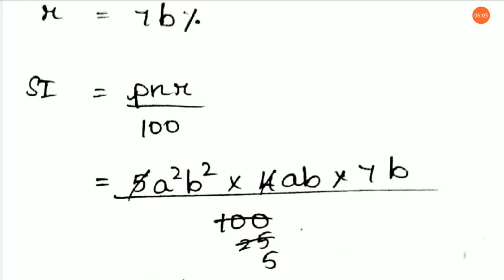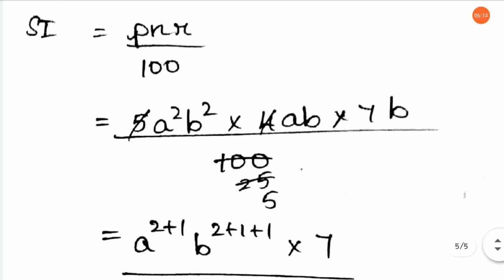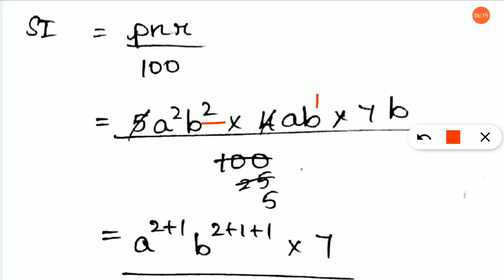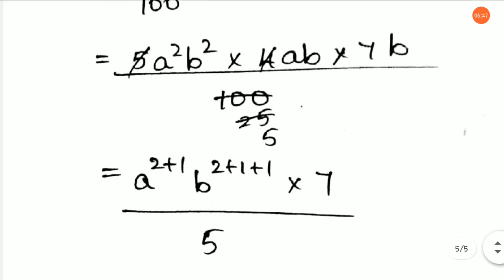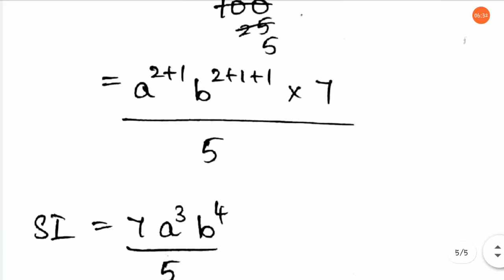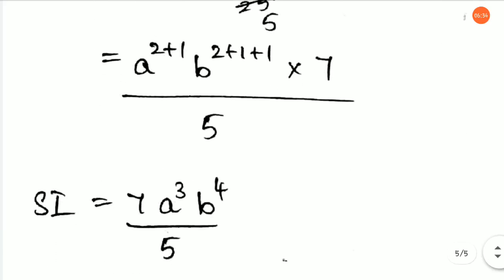If it is the same base and it is in multiplication, we can add its powers, right? So a square into a will give us a power 3, so a power 2 plus 1. Same way b power, here 1 2 is there, and b power 1 and again b power 1. So we are going to add everything, and into 7. In the denominator 5 is there. So the answer will be a cube into b power 4 into 7 divided by 5. This is the SI value.